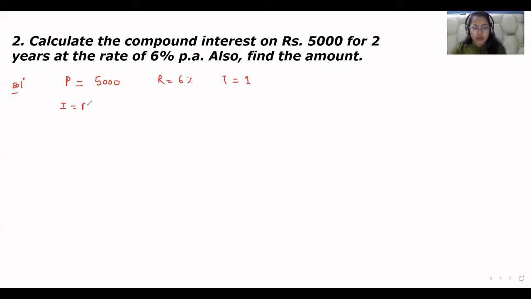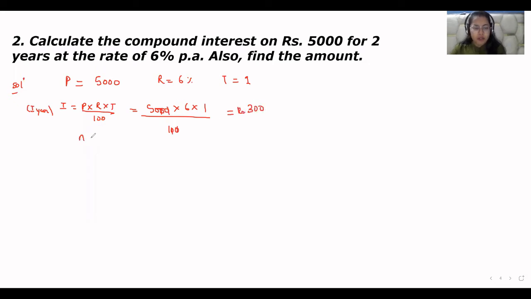So our interest for the first year is 5000 times 6 times 1 over 100. After eliminating this, we get 300 rupees.